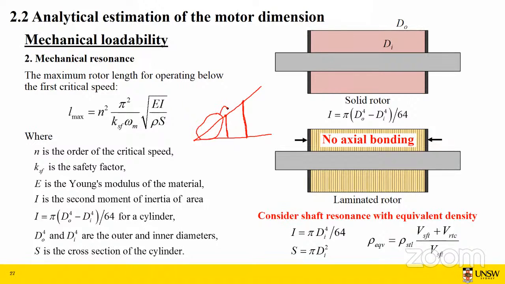You can also skip the first critical speed and make your motor operate between the first and second critical speed. So this is possible.